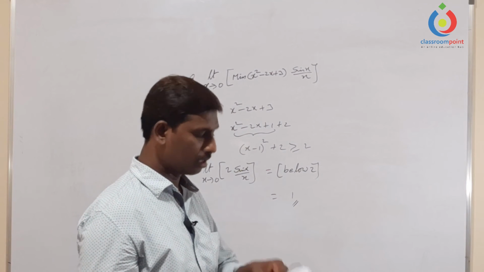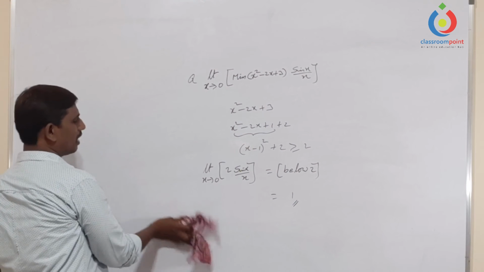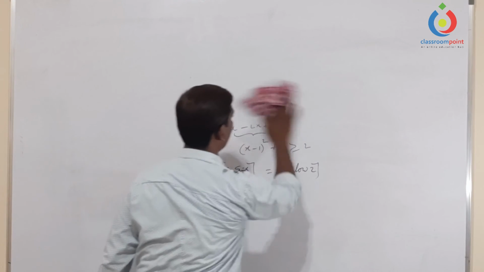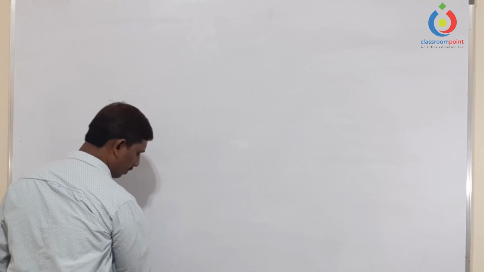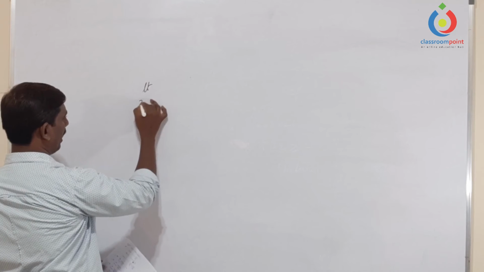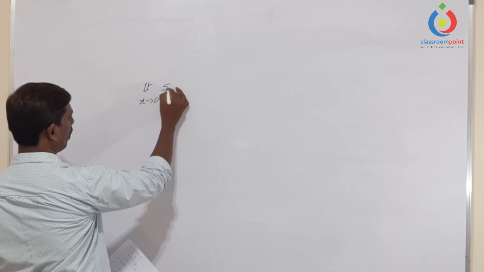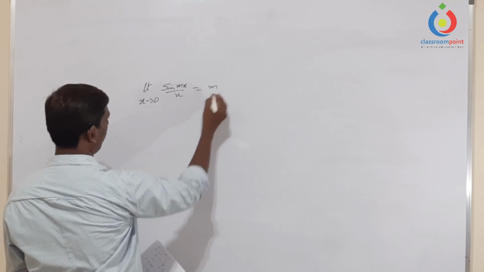Next one. You already know these types of formulas. Limit of sin x by x is 1. Limit x tends to 0 of sin mx by x is equal to m.